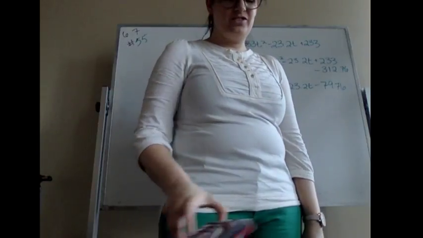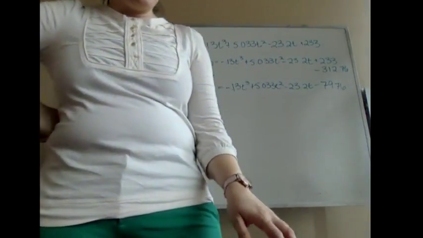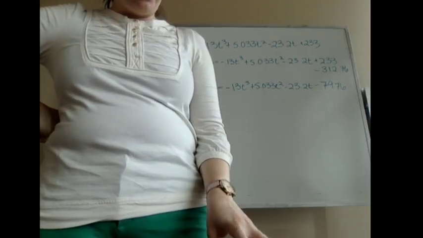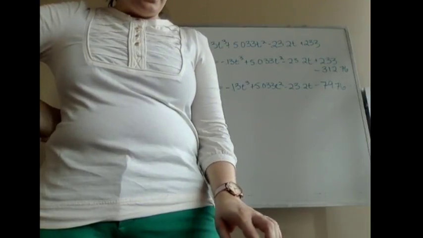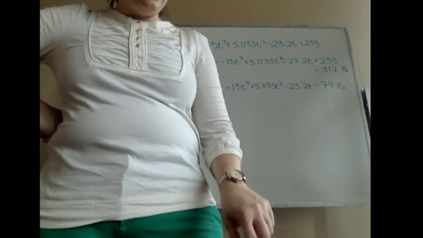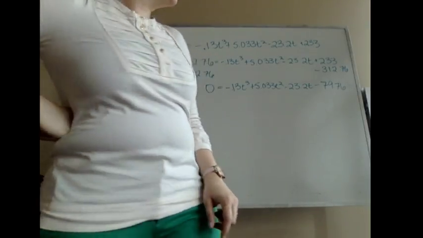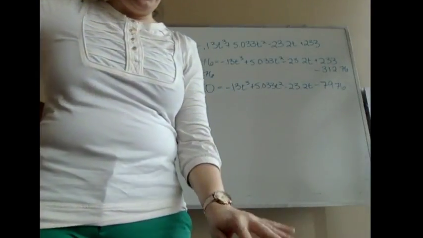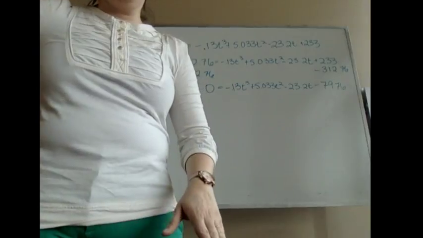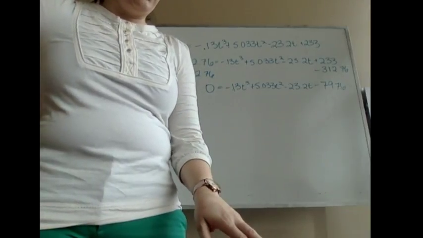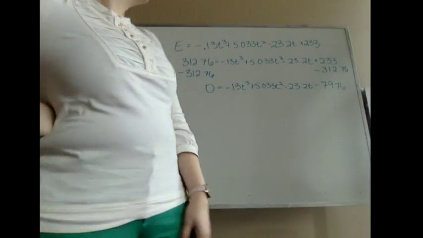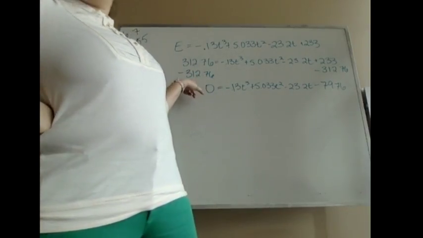Because there's the 2 of them, I would actually go back into my function, my y equals, and I would put back in plus 233 because I'm only looking for one answer. So then I'm going to go into table and see where is my y, 312.76.